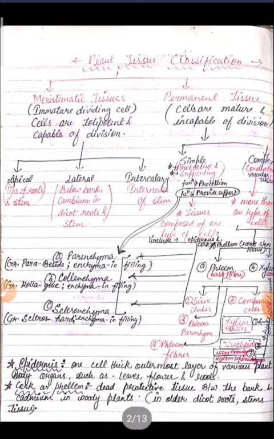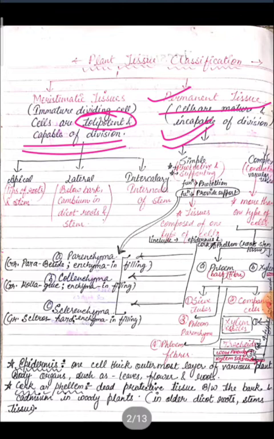They are also known as totipotent, meaning capable of division. And if we define the permanent tissue, the cells are mature and incapable of division. So there are two differences: they are capable of division and they are not capable of division.